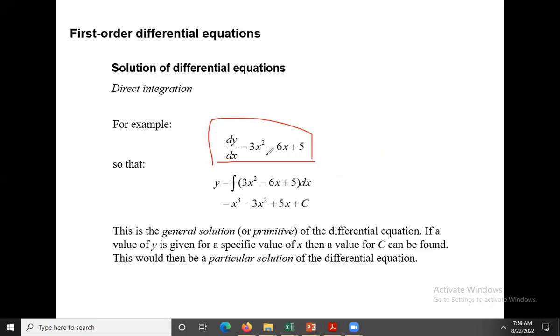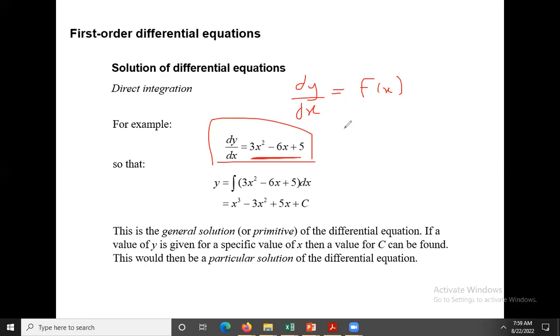How do you get a solution? This is of the form dy/dx equals f of x. This is a function of x.